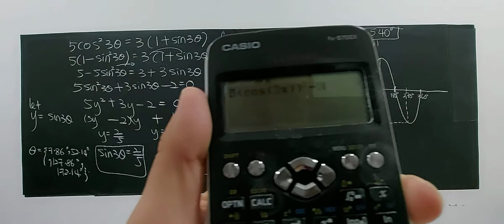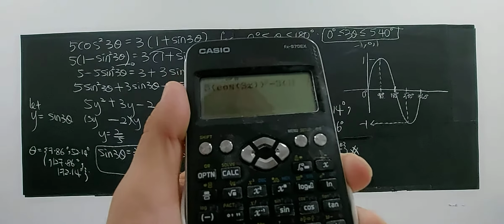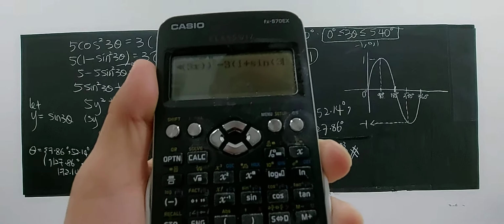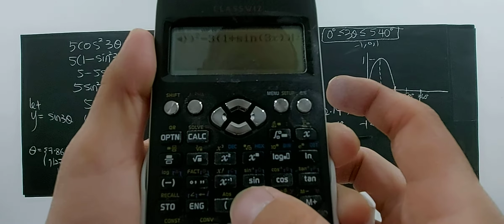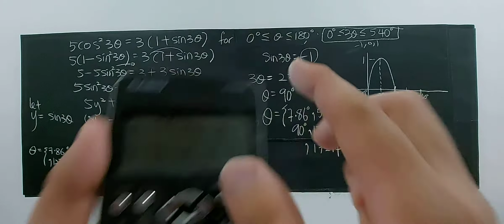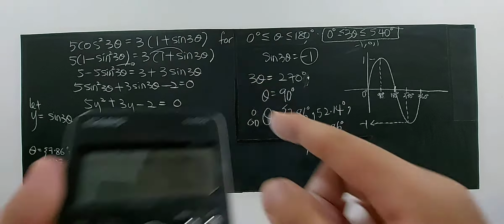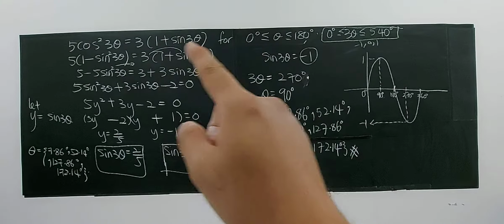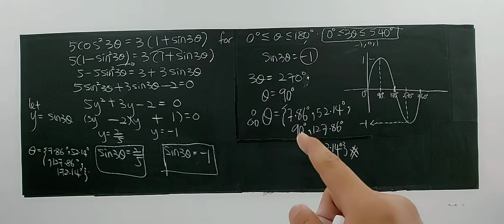So then I key in 3, 1 plus sine 3x. So minus 3 times 1 plus sine 3 theta from the right hand side. So everything will be equal to 0. If you substitute all the values here, you definitely will get 0.